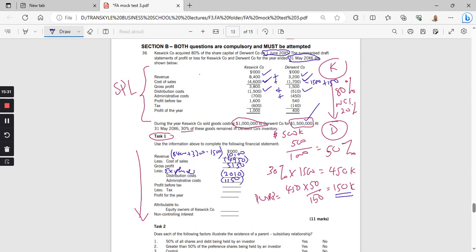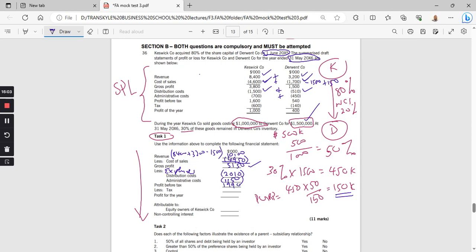Then we go to the profit before tax. Remember, this was our gross profit, the 5150, you can start from there. That's 5150 minus 2010 minus 1150. That's 1990.